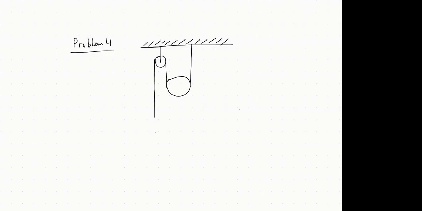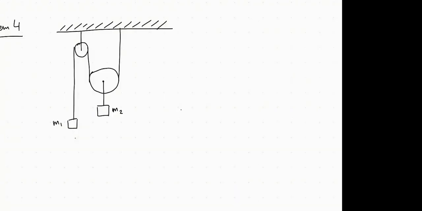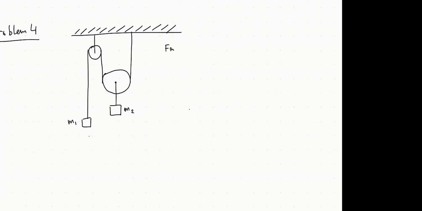So you have mass 2 attached to this movable pulley. Find the acceleration of each mass, A1 and A2, and find the tension in the rope.